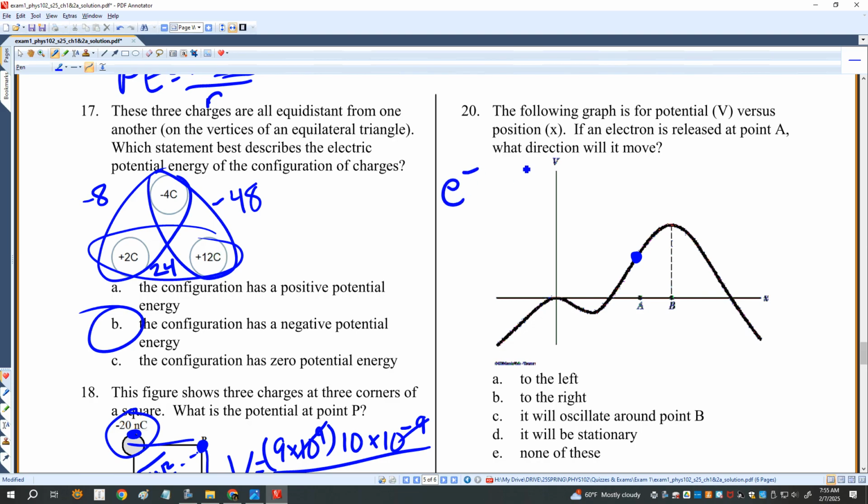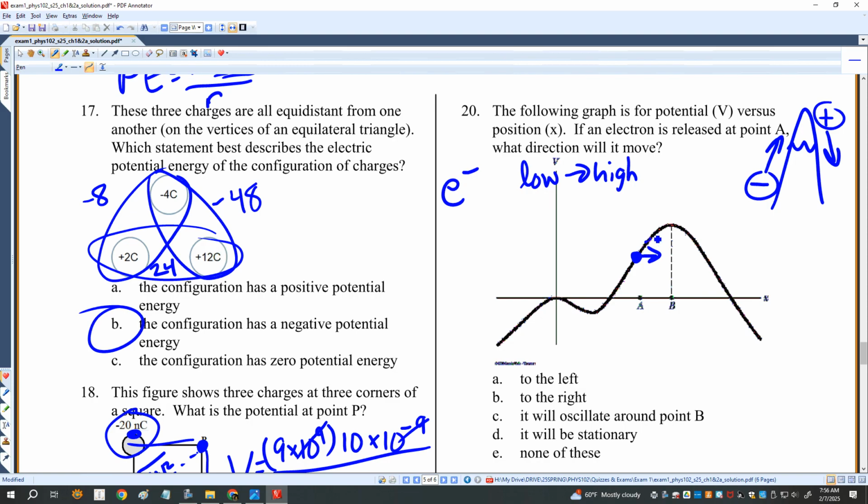Electron moves from low to high potential. I like to think of a mountain. Protons will tend to move down the mountain. Electrons do the opposite. They move up the mountain. They move to increasing potential energy from low to high. So if I release an electron, it's actually going to move in that direction.